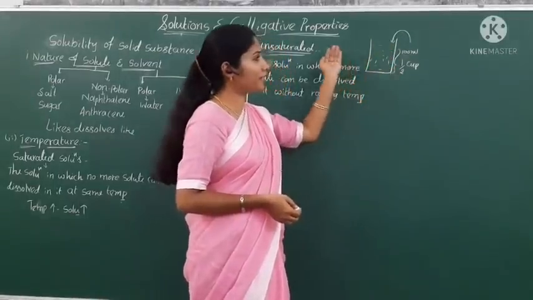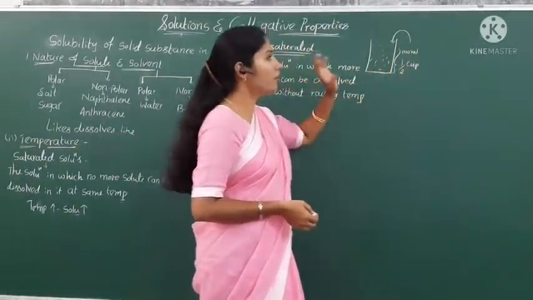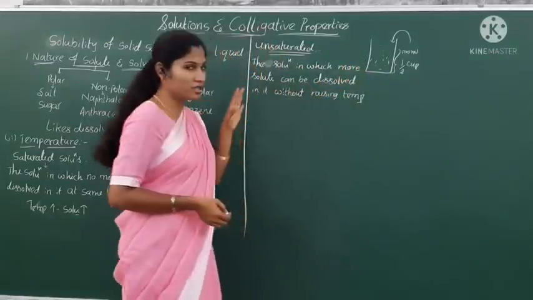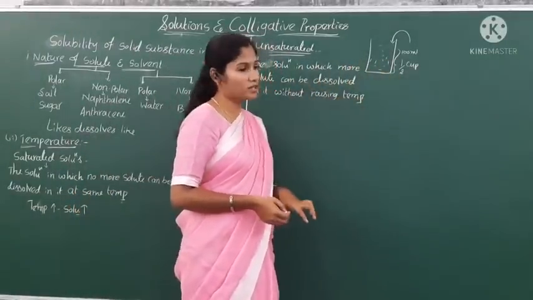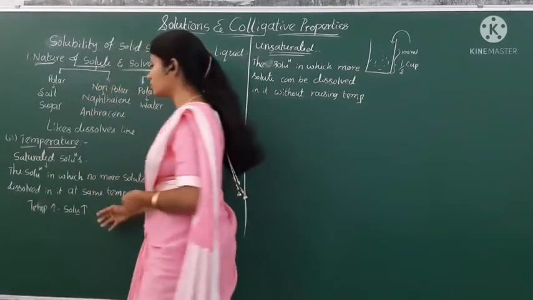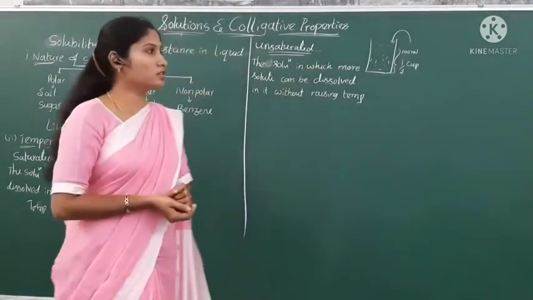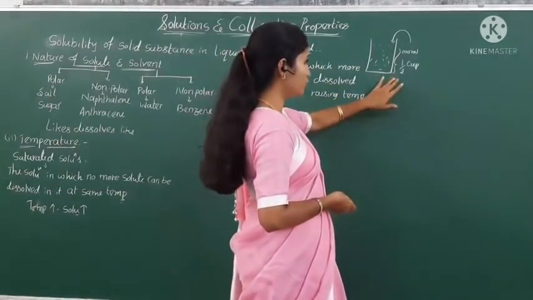Whenever we add further solute and it dissolves, that type of solution is called an unsaturated solution. Here the solution is ready to take the solute to dissolve in it. But the saturated solution cannot take a further amount of solute for the solubility process.